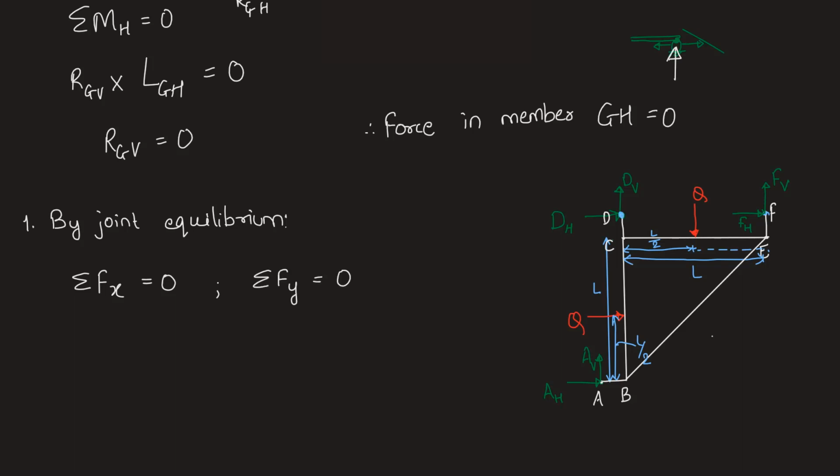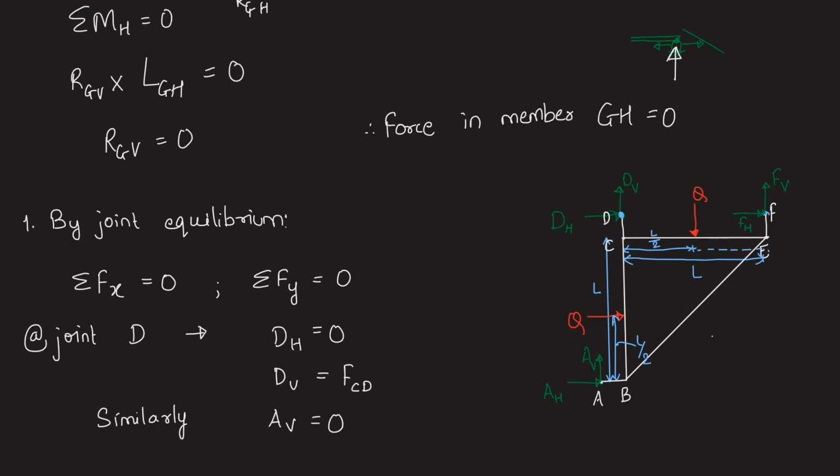So at joint D, the horizontal force DH will be 0 because there is no other horizontal force at support D, and the vertical force DV will be exactly equal to the force in member CD. Similarly, the support reactions AV and FH will also be 0.